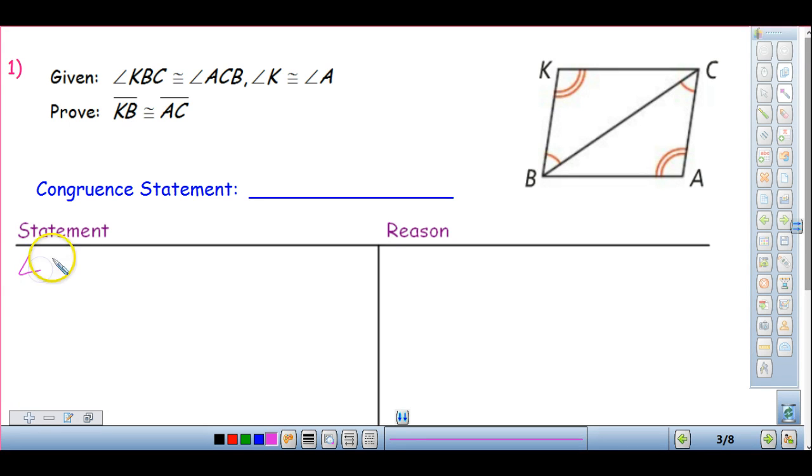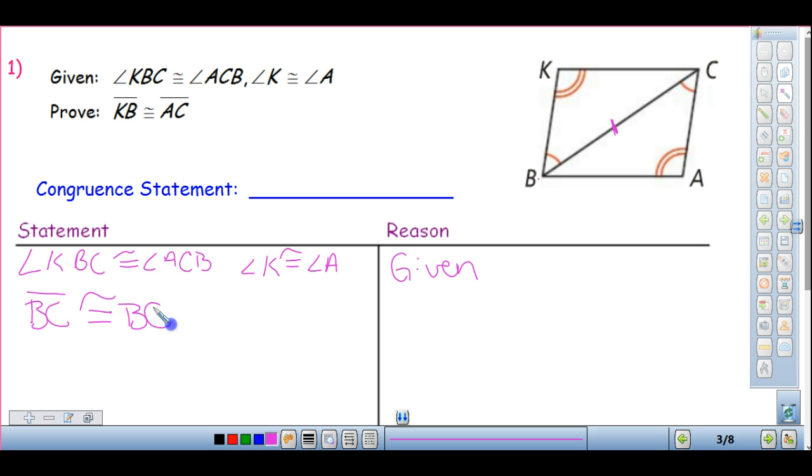So we have angle KBC is congruent to angle ACB, and we know that angle K is congruent to angle A. Okay, those are our givens.